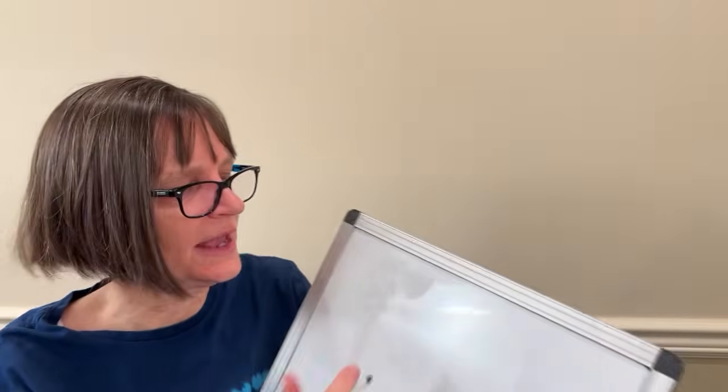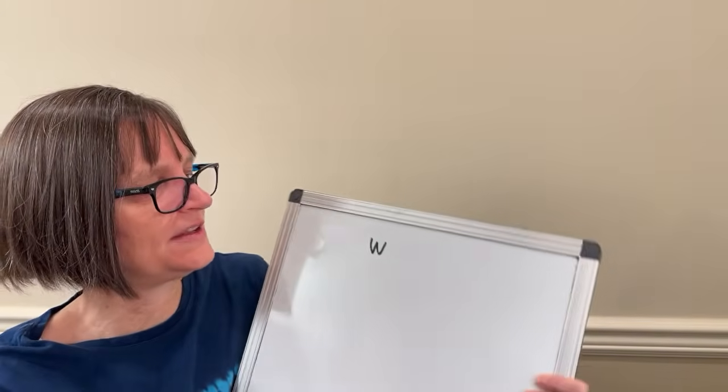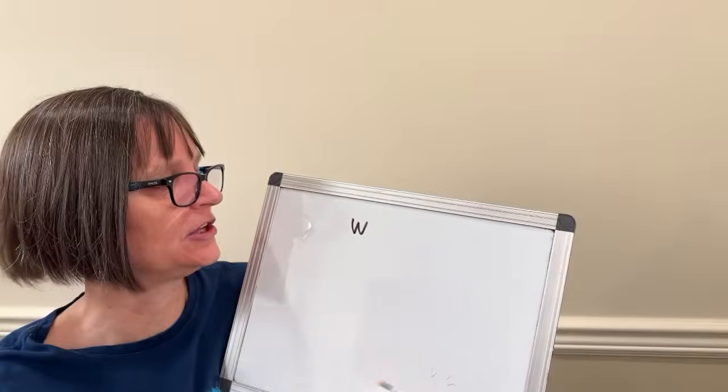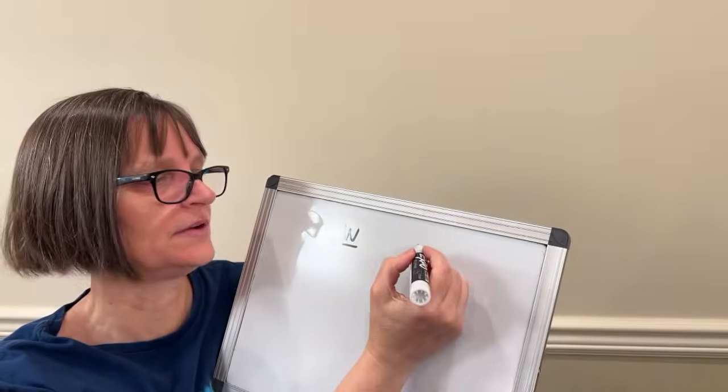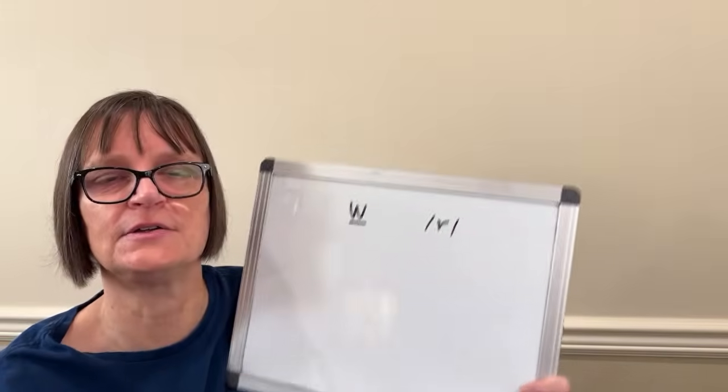So yes, we have a question about some words like "wowing" or "wit," where the app is detecting an R sound. Yeah, so basically what you're noticing is that your app is telling you when you're saying a W sound, it's hearing an R sound.